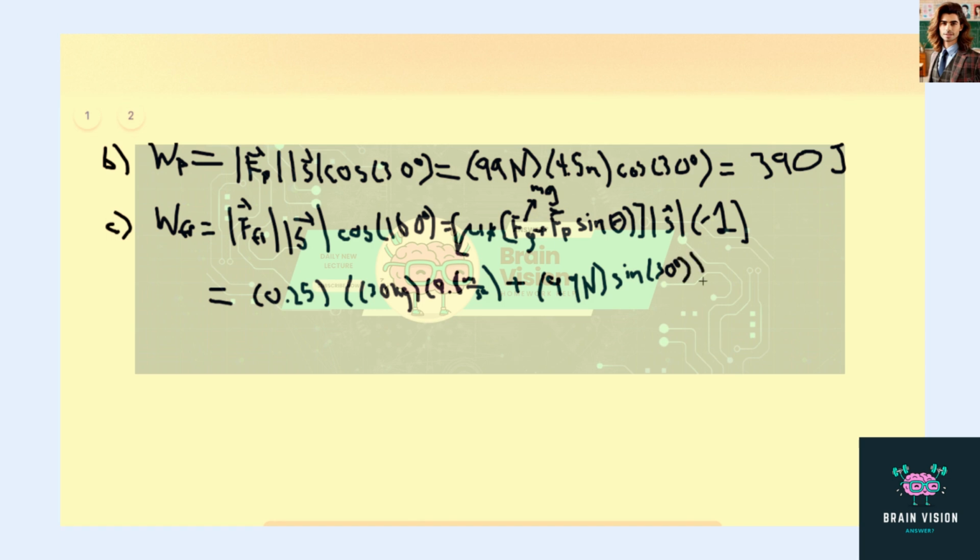And all of this is in parentheses, multiplied times 4.5 meters times our -1. And in the end, just like before, we have the work due to friction is equal to the negative of the work due to the pushing force. So we have -390 joules.